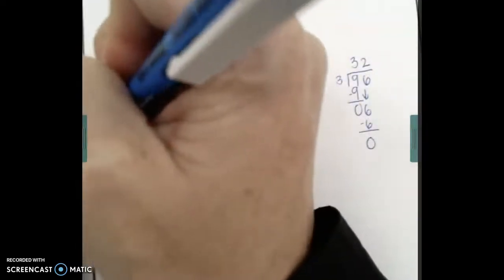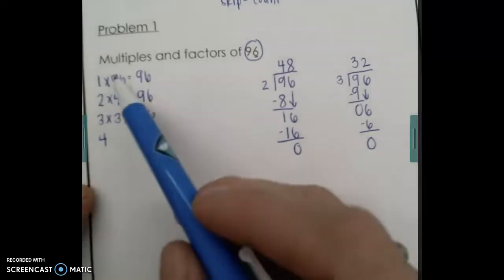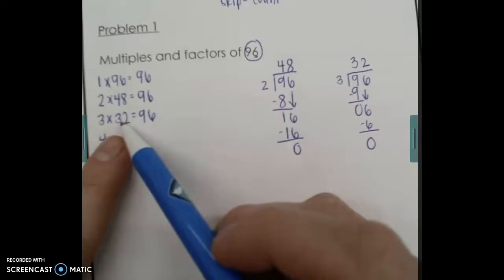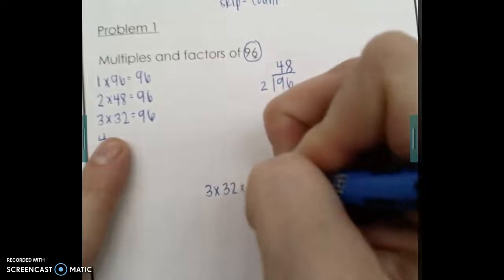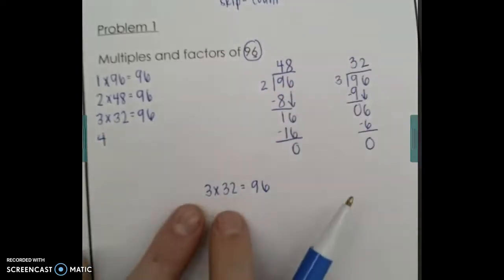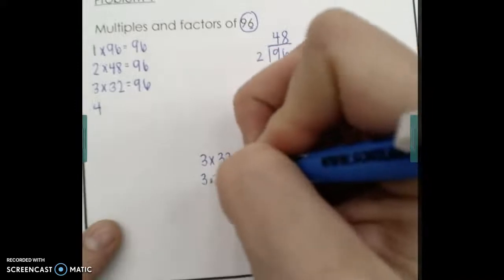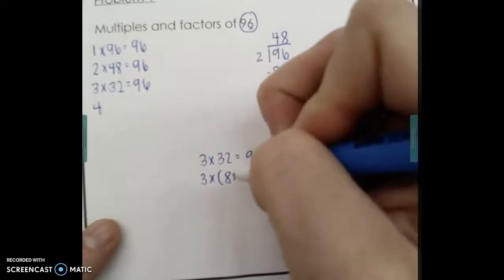My next number would be a 4. Let's do distributive property to find out how many times 4 can go in there. So I'm going to look at these other factors that I have on here. And I know 4 is a factor of 32. So I'm going to write this multiplication problem on here. And I'm going to rearrange my numbers using the associative property to find out if I have any more factors of 96. So I'm going to keep 3 here, and instead of 32, I'm going to change 32 into 8 times 4.